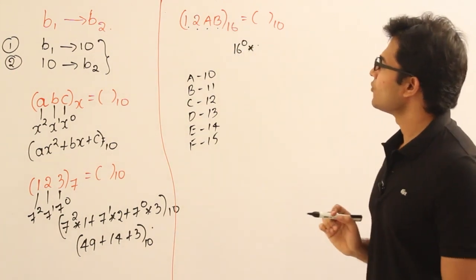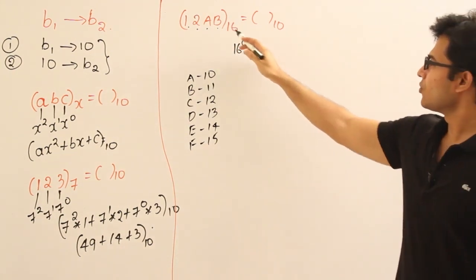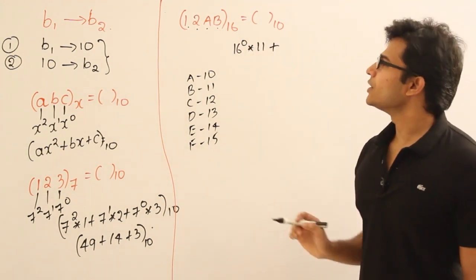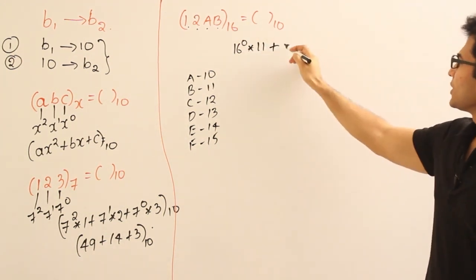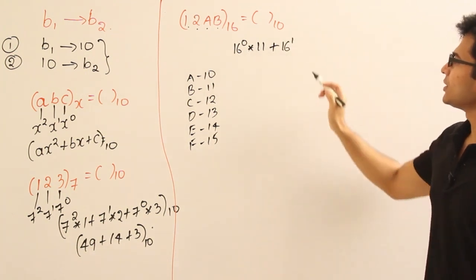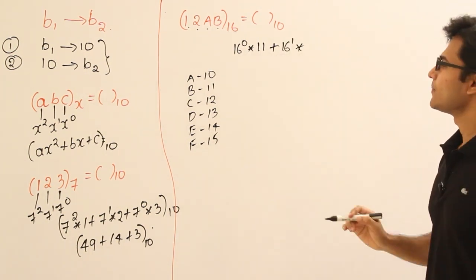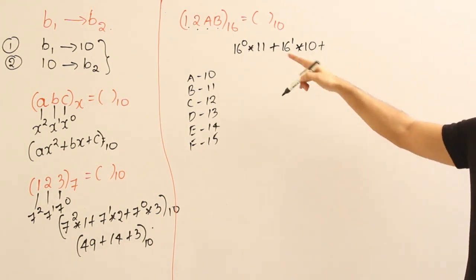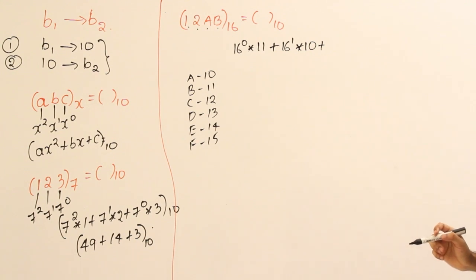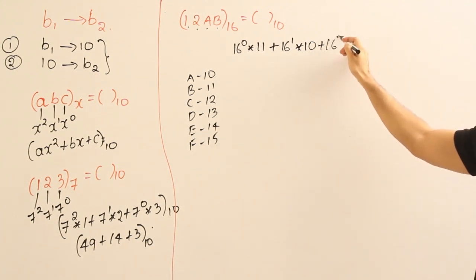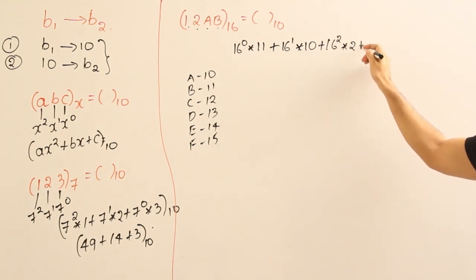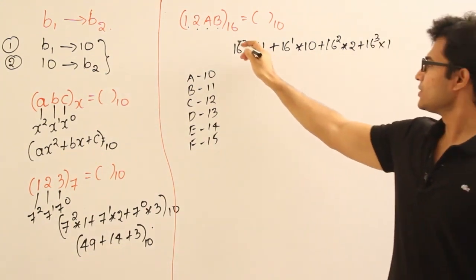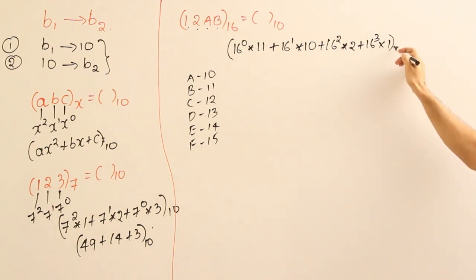So B is 11, therefore 16 power 0 into 11 plus 16 power 1 into 10, since A represents 10, plus 16 power 2 into 2 plus 16 power 3 into 1. This is the final number that you get in base 10.